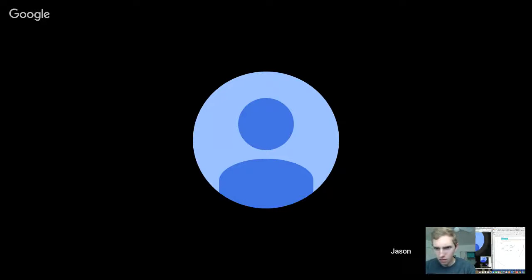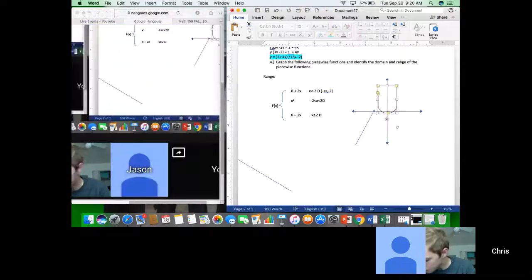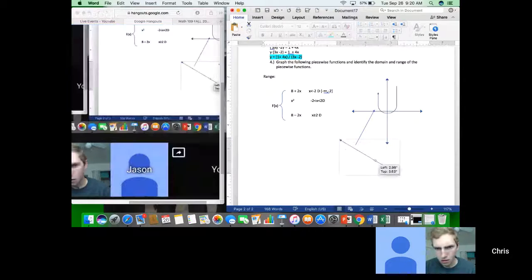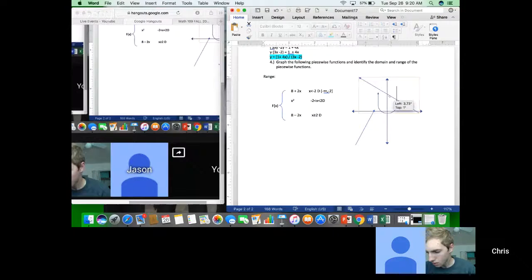So right about there, like that. And then looks like this one might. Weird. Okay, so this is x is greater than or equal to -2, but it's the opposite, so like that. About like that?